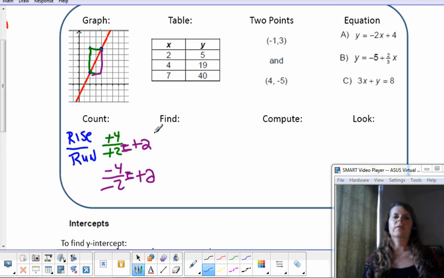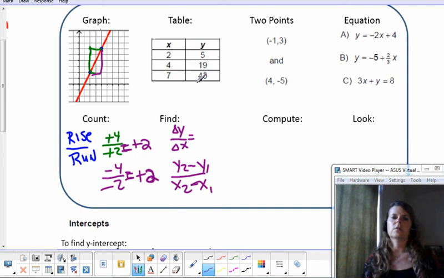Okay, what if we have a table? If we have a table, we can do the change in y over the change in x, or more commonly known as y2 minus y1 over x2 minus x1.